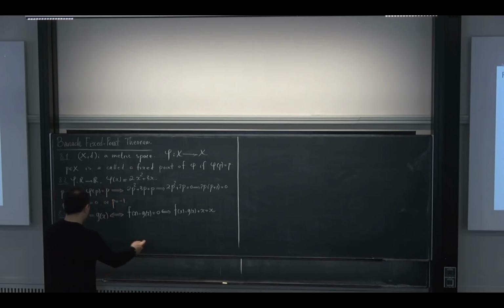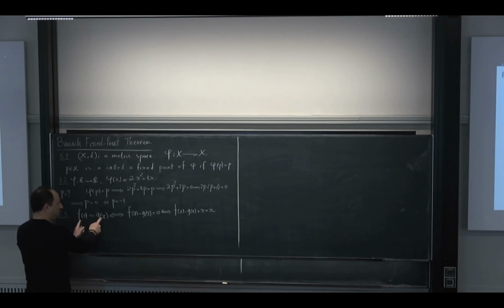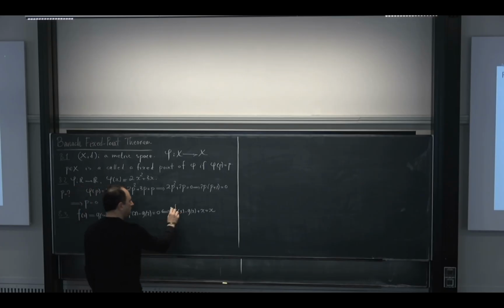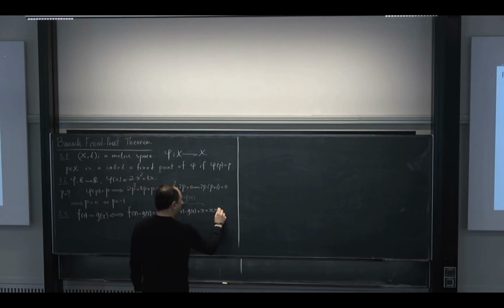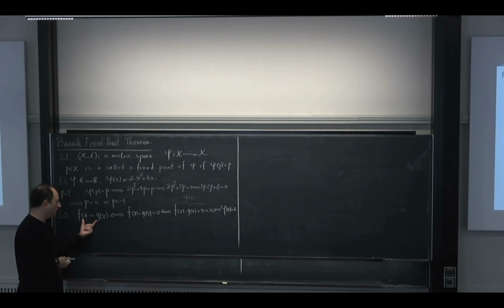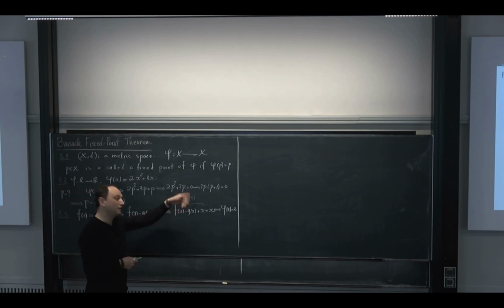I hope that you agree that what I have written here is mathematically equivalent to what I have written before. Now, if I call this phi of x, then this becomes equivalent to phi of x equals x. So I can reformulate my equation question as finding a fixed point for a different phi.